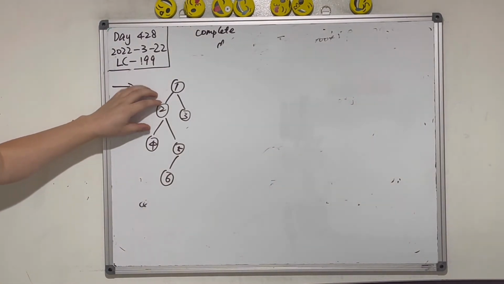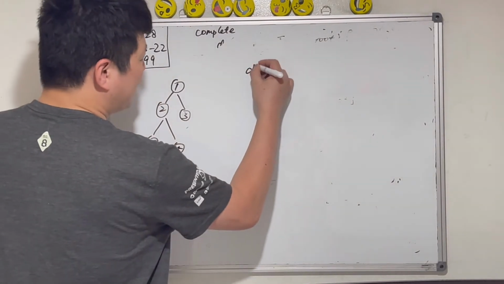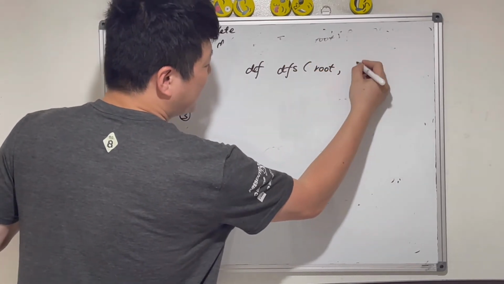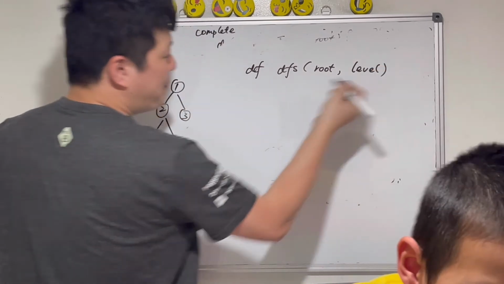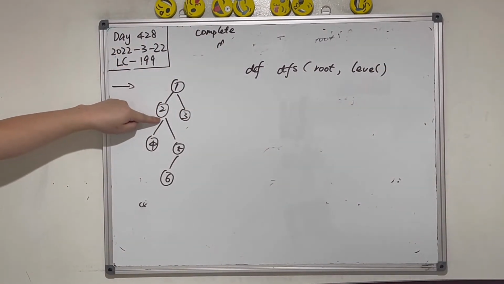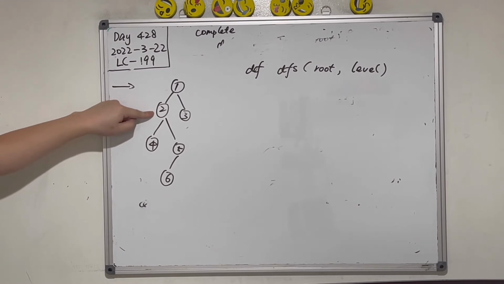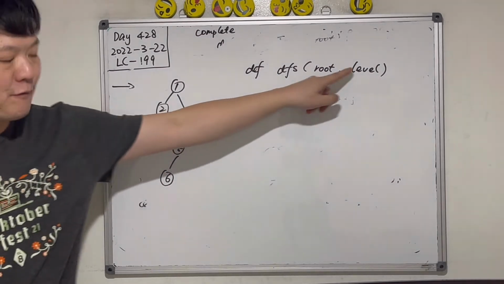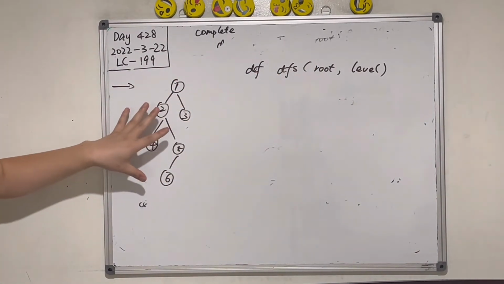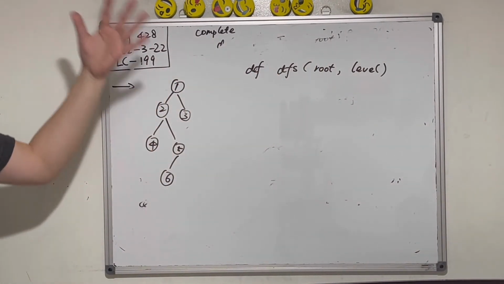So obviously when we define this depth search, define DFS, we have this root, and we need to pass the level. The beginning is 0, right? So when we pass down the tree, we go to the left, level plus equals 1. We go to the right, level plus equals 1. But we need to store these in a dictionary.